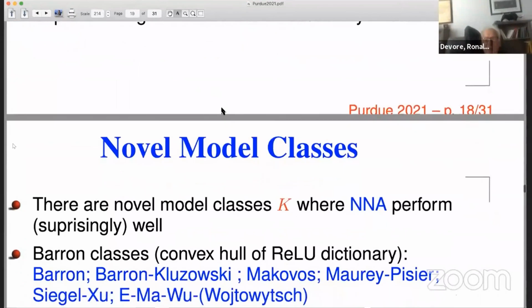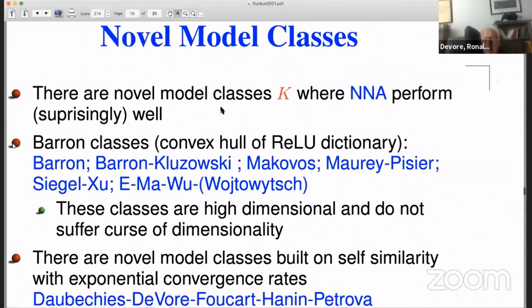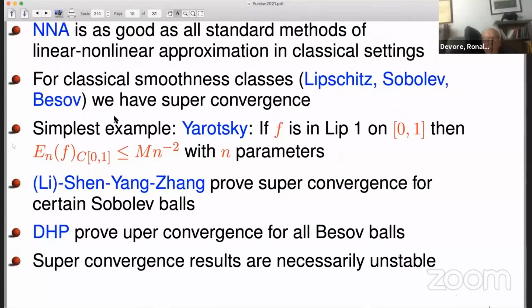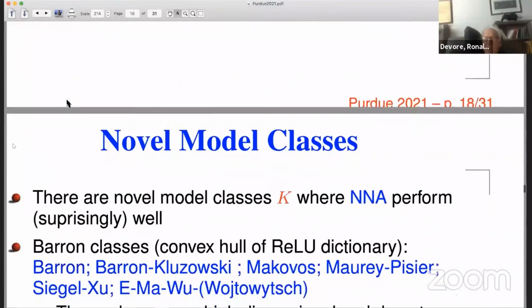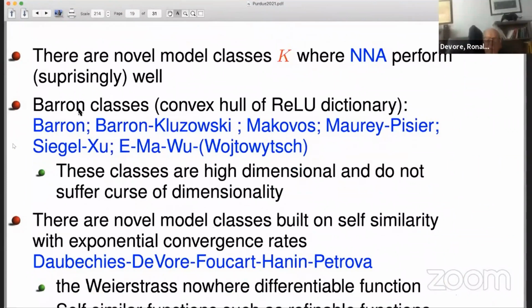I think the real value in neural net approximation lies in the fact that there are new model classes, not the classical ones of classical smoothness like Lipschitz, Sobolev, Besov, but new model classes where neural nets are provably good at approximating. You're probably familiar with Barron classes, which are basically the convex hull of the ReLU dictionary. This is actually an inflation of the Barron class a little bit.